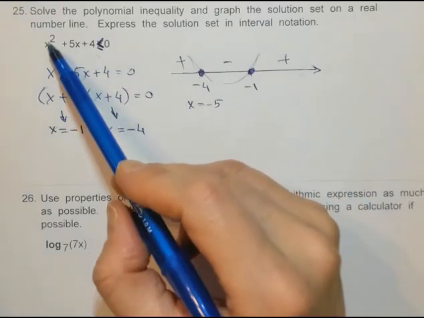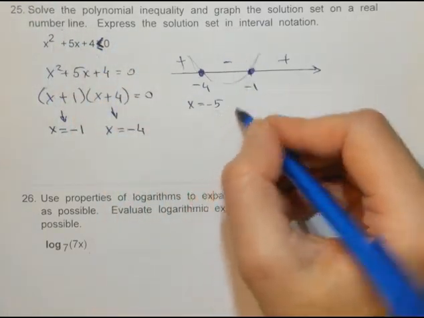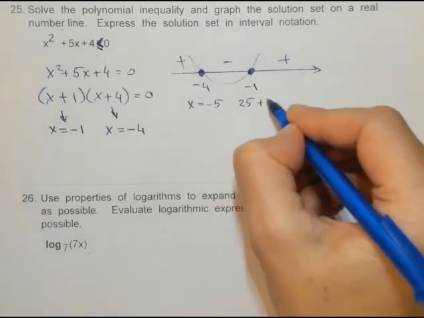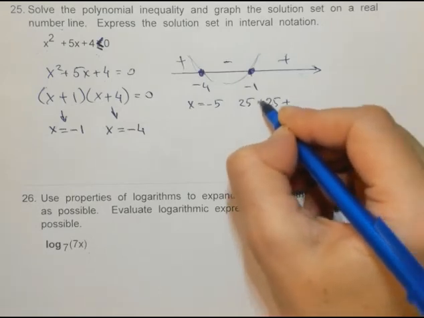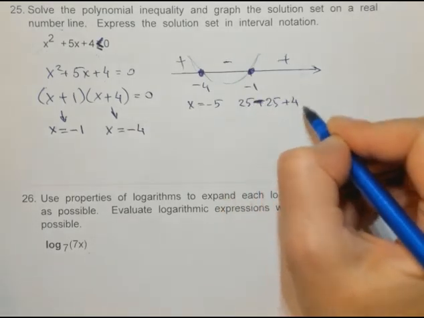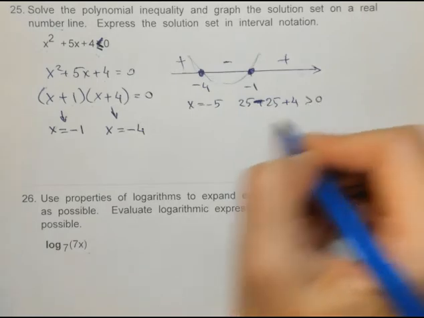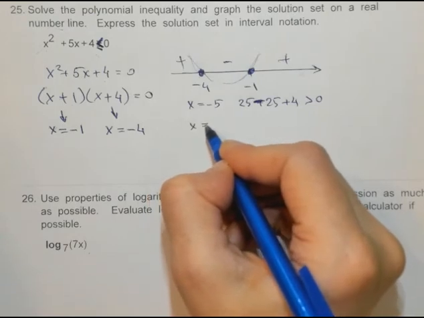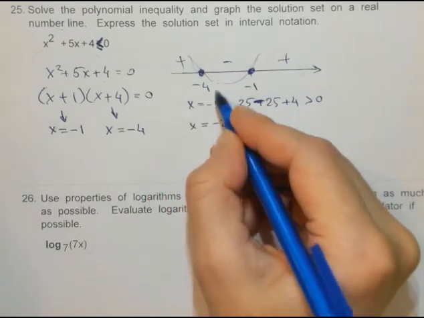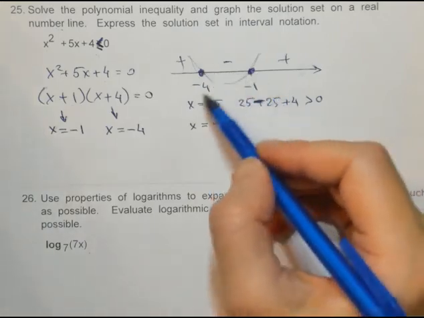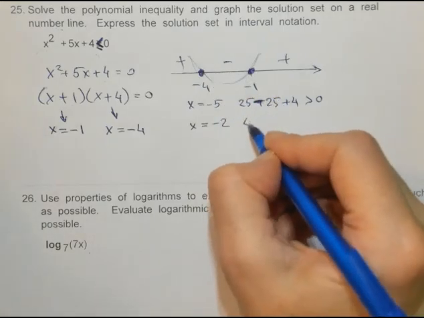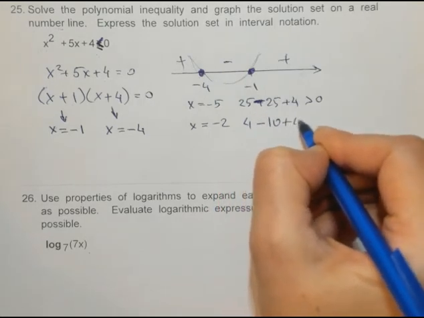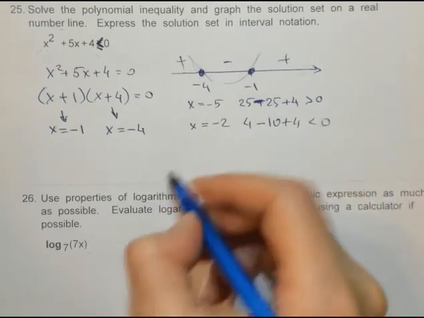Either way, you can use the original one. So -5 squared, 25, plus 5 times -5, minus 25, plus 4, is positive, greater than 0. Then the middle interval, let us take x equals -2, not the boundary points. -2 squared is 4, -2 times 5 is -10, plus 4 is negative.